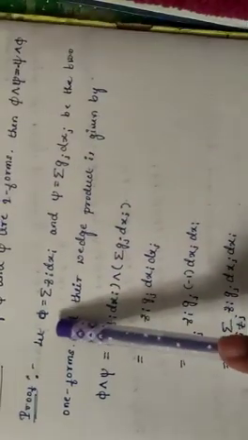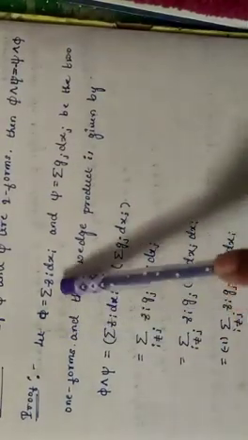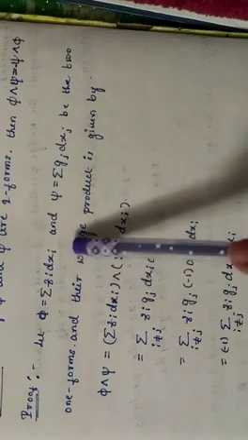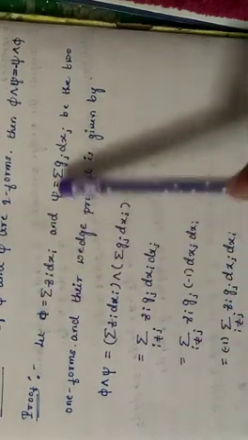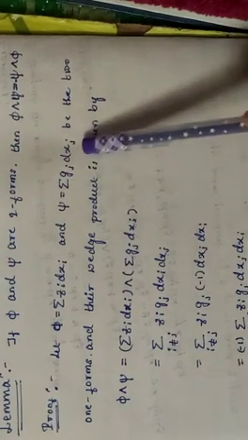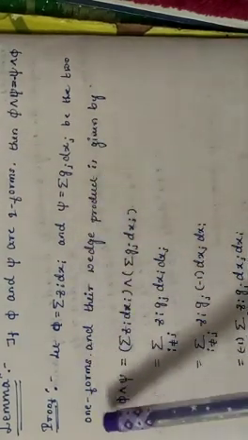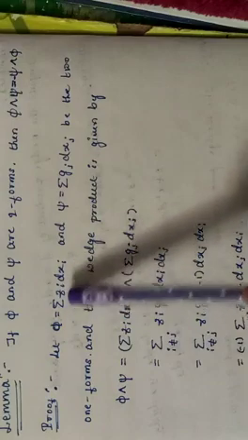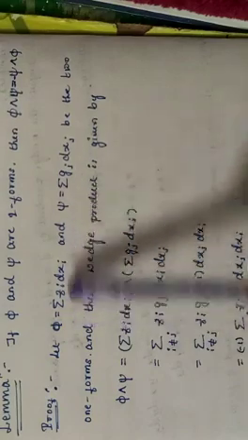So first let us assume pi equals summation fi into dxi. This is one form, and we assume the other, psi equals summation gj into dxj. So these two are one forms, and now we have to compute the product of these two forms.